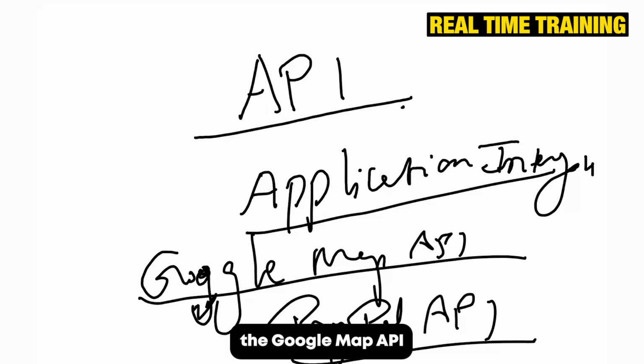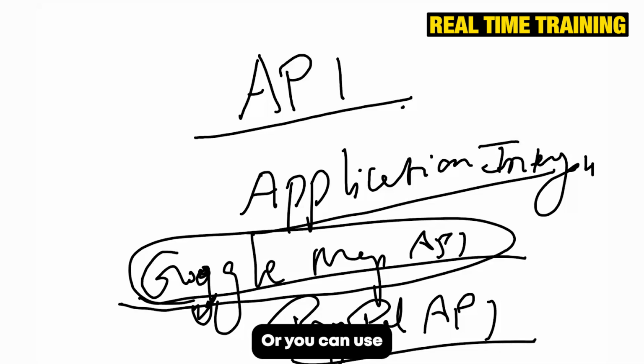Using the Google Map API, you can use that component or feature coming in from another organization. When this happens, Uber and Google will have something called an SLA, service level agreement.